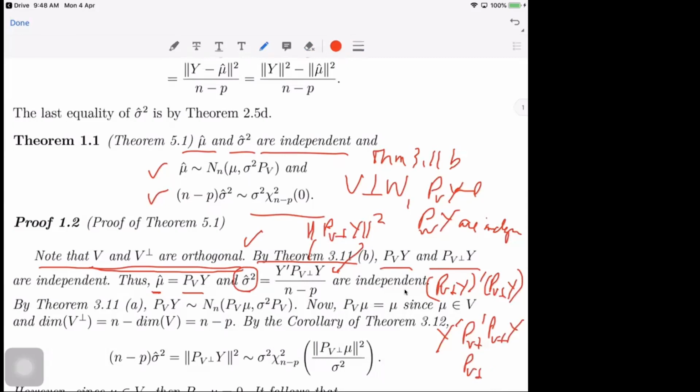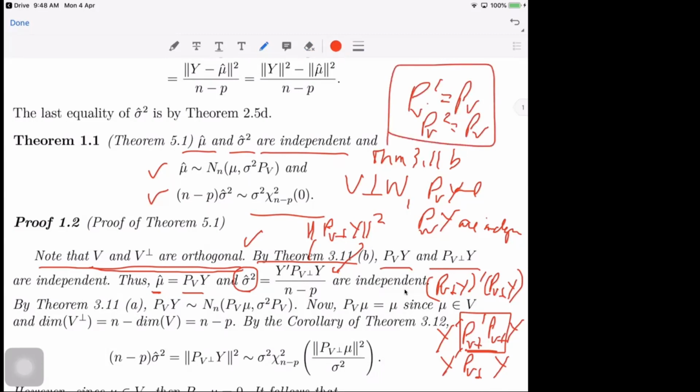B perp y and y prime, because in general it's equal to this. Okay, so this can be expressed as the projection of y onto b perp times the projection of y onto b perp, and then this prime will be just equal to the projection onto b perp, but the square of the projection onto b perp is just the projection onto b perp.